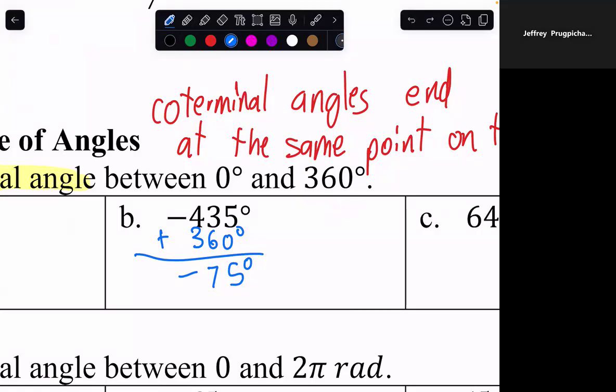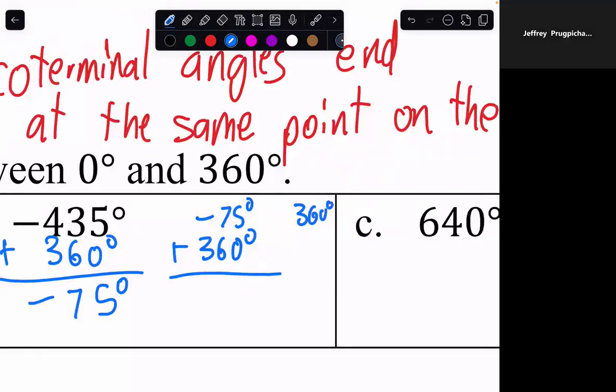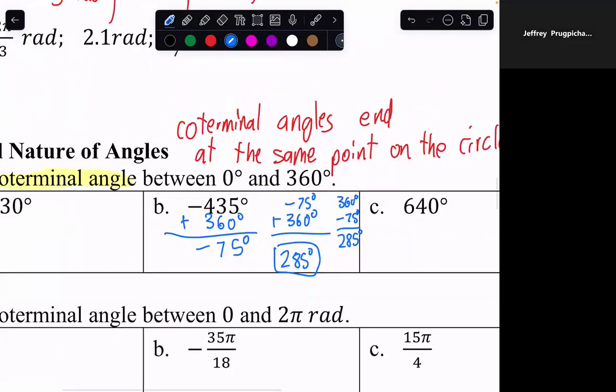Technically it's negative 75 degrees plus another 360 degrees, but it's probably easier to rewrite this as 360 minus 75. So coterminal with negative 435 degrees are both negative 75 degrees and 285 degrees. But because the answer has to be between 0 and 360, this is the answer.